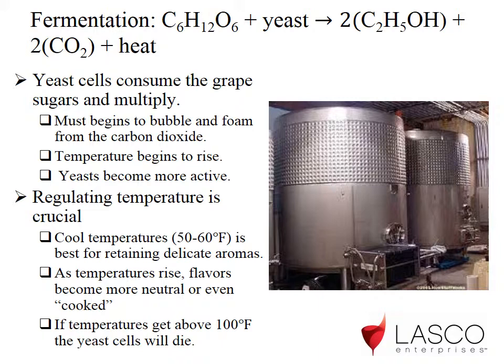Regulating temperature is absolutely crucial during fermentation. One reason is that certain temperatures affect the flavors and aromas of the resulting wine. Cool temperatures are best for retaining delicate fruit and floral aromas of white wines, and as temperatures rise, the flavors become more neutral or sometimes even cooked. Also, if temperatures get above 100 degrees Fahrenheit, the yeast cells will die and fermentation will stop prematurely.